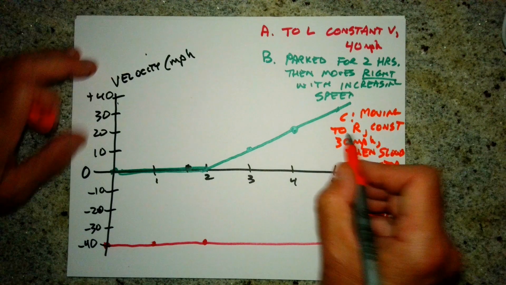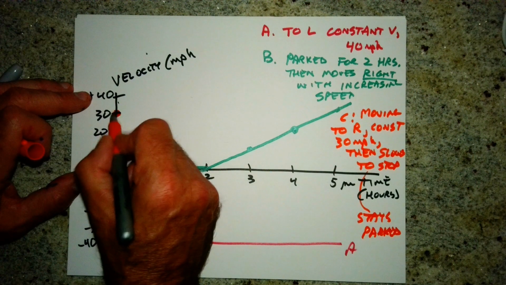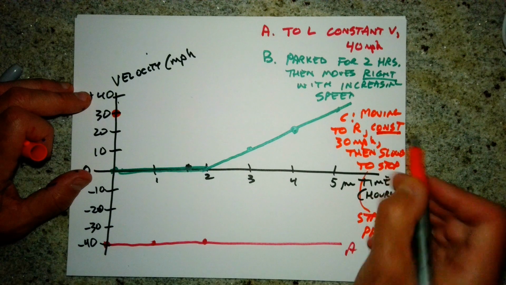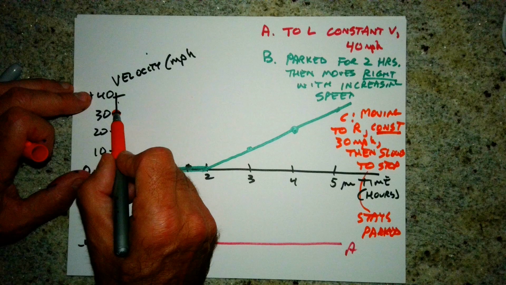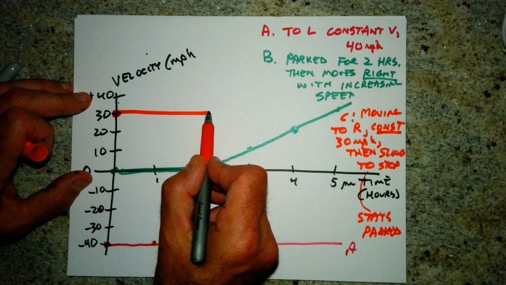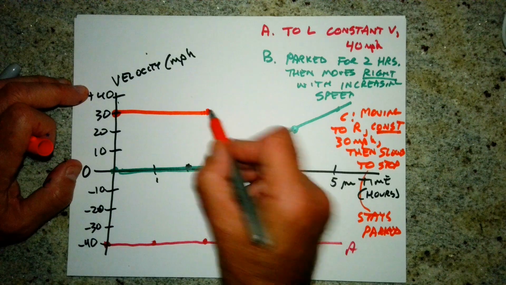So first we have to have it moving to the right, so that means these numbers. The speed is 30 miles per hour, and it says the speed stays constant for a while. It doesn't say how many hours, so we get to pick. So I'm going to pick 2 hours, 30 miles per hour speed for 2 hours.